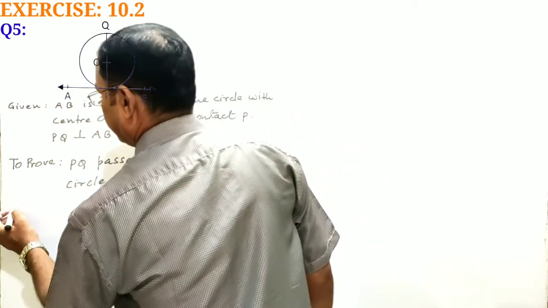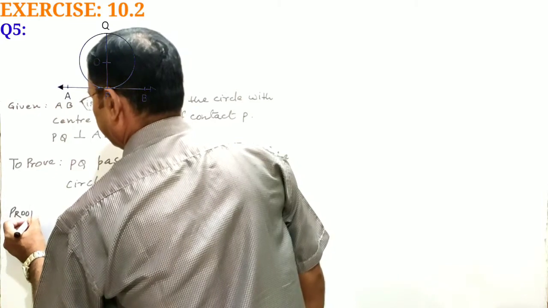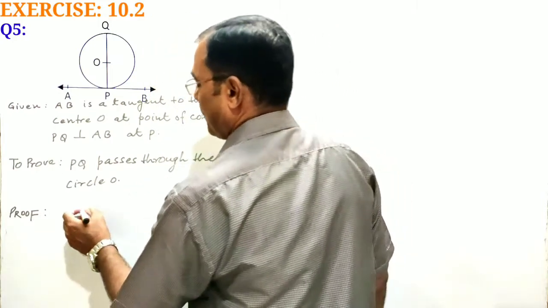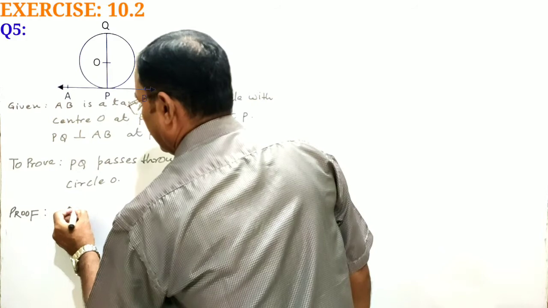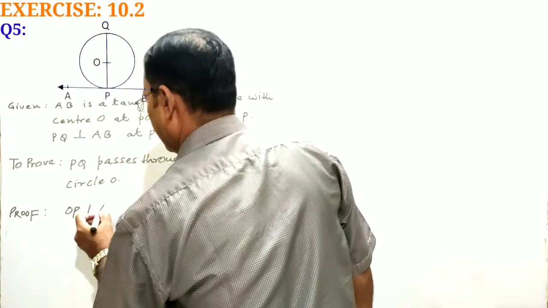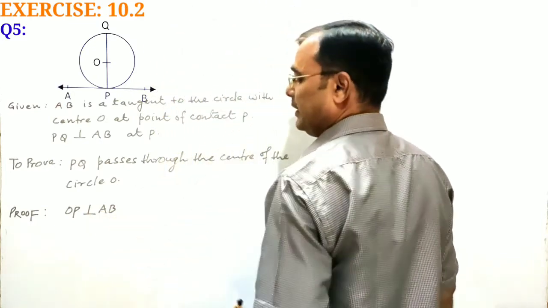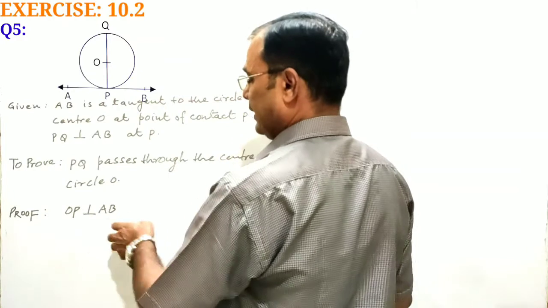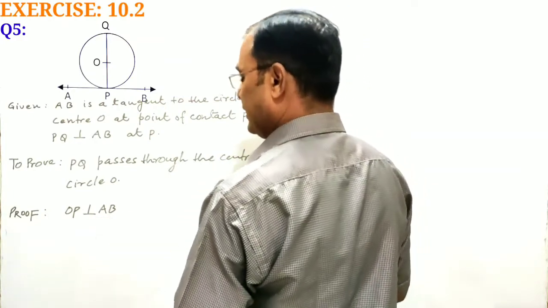Proof. OP is perpendicular to AB. OP is radius, AB is tangent. So radius through the point of contact is perpendicular to the tangent.